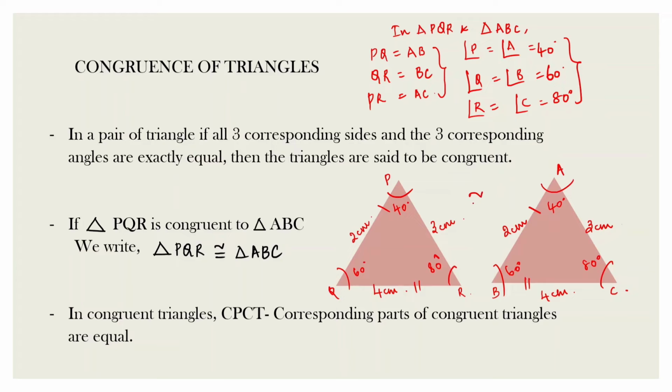Hence, we could say that these two triangles are congruent. If triangle PQR is congruent to triangle ABC, we could write it like this. In congruent triangles, CPCT, that is, corresponding parts of congruent triangles are equal.